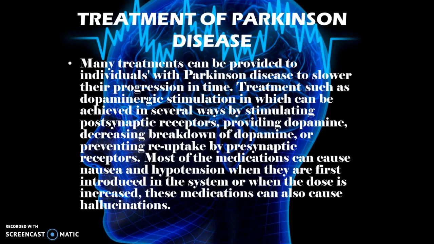Treatment of Parkinson's disease. Many treatments can be provided to individuals with Parkinson's disease to slow their progression in time. Treatment such as dopaminergic stimulation can be achieved in several ways: by stimulating postsynaptic receptors, providing dopamine, decreasing breakdown of dopamine, or preventing reuptake by presynaptic receptors.